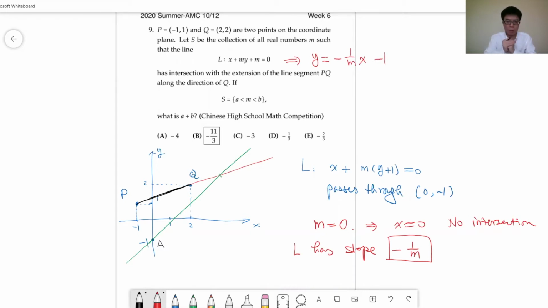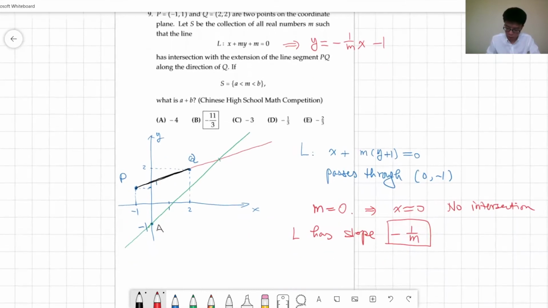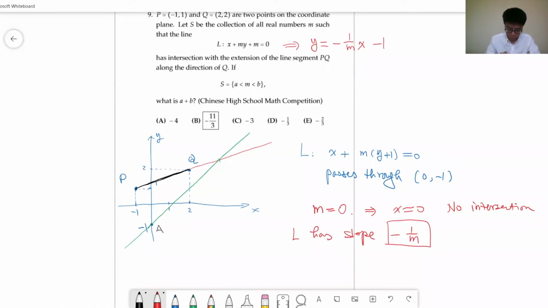If it's 0, we cannot put it into the denominator, so we should be very careful. So now we have the slope equal to minus 1 over M. In order to have an intersection, we should have some requirement for the slope. The largest slope will be this one. It's almost touching Q.